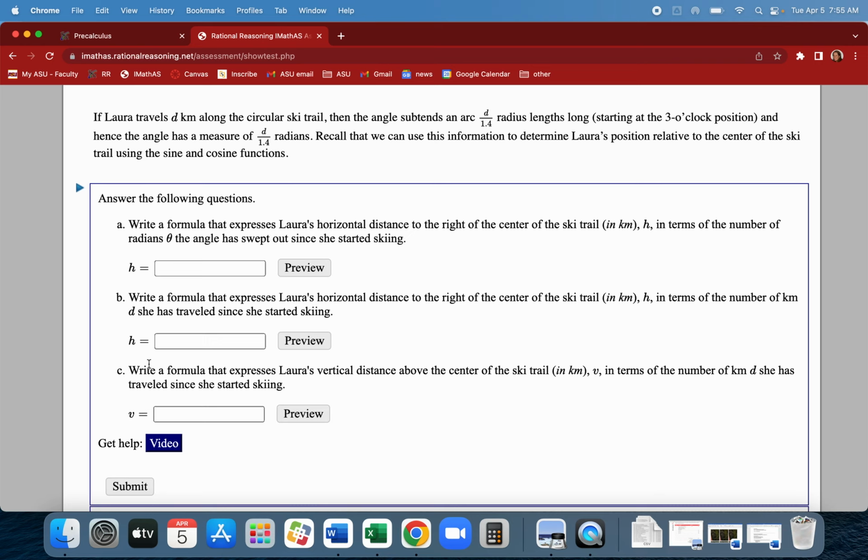So instead of having cosine of theta, I'm going to have a cosine of d over 1.4. So it's cosine of this rearranged thing, because this expression is an expression to compute an angle based on knowing the distance.